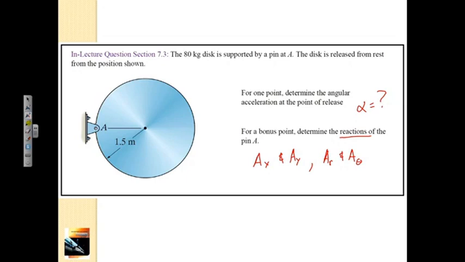And that's equal to a whole bunch of different things. Maybe this was I of A alpha.